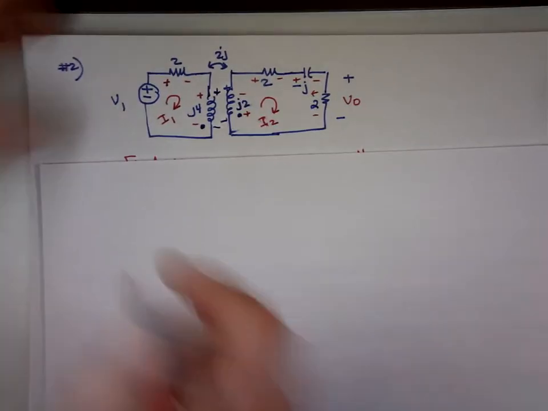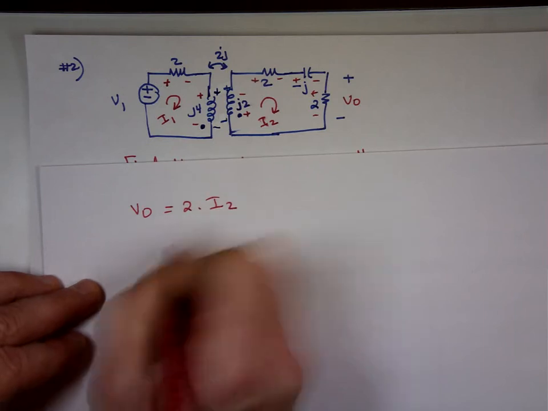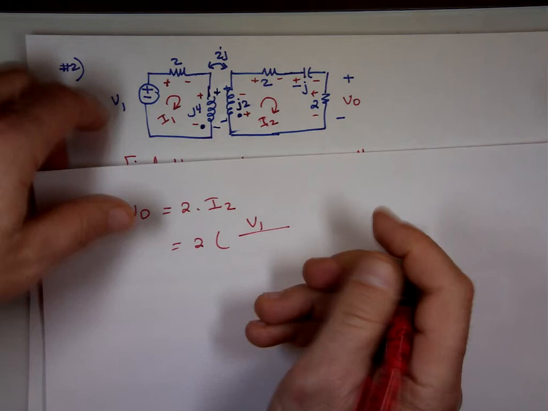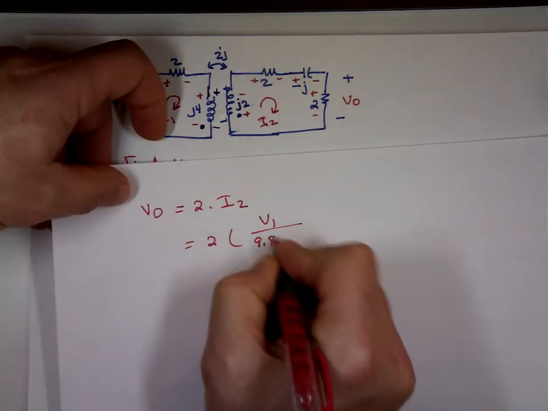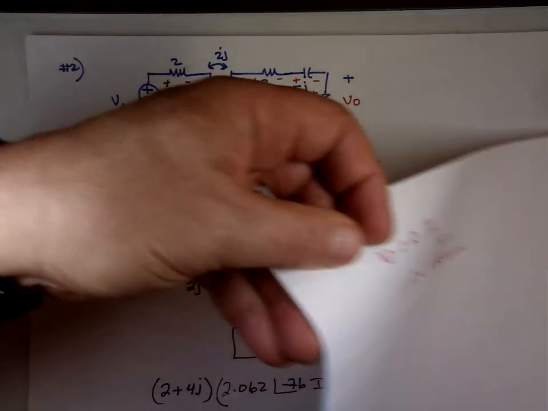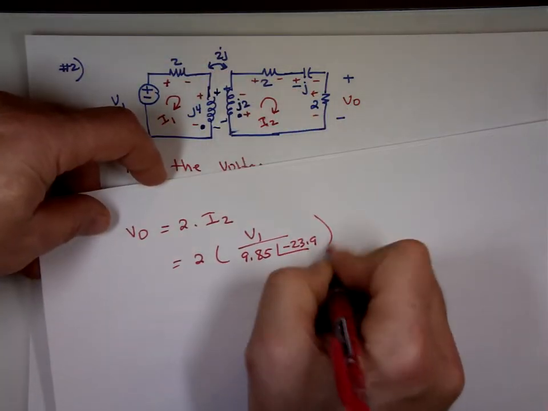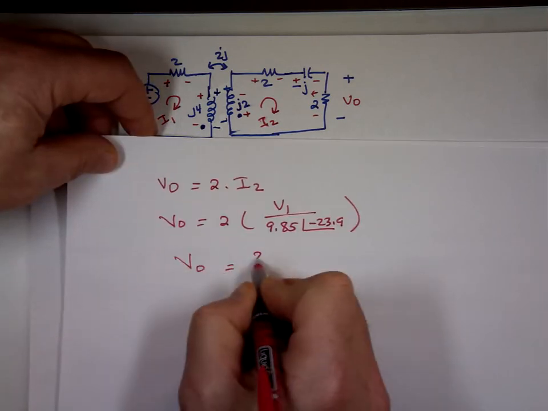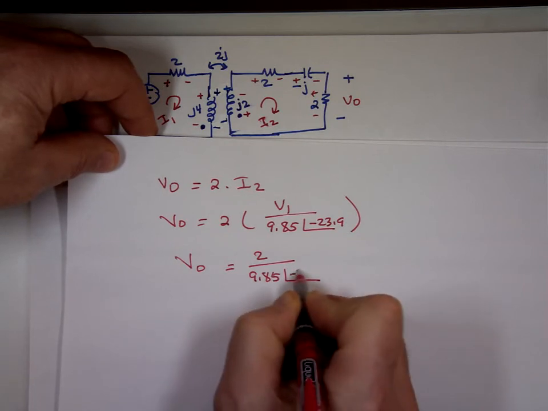V out equals 2 times I sub 2, which is V1 over 9.85 angle negative 23.9. So V out equals 2 divided by 9.85 angle negative 23.9 times V1.